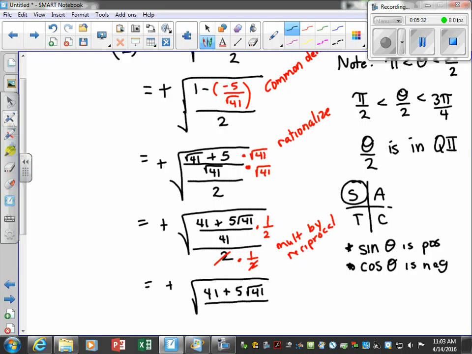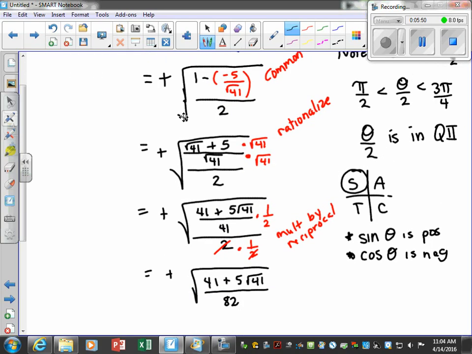And what about our denominator? 41 times 2, which is 82. This is not a perfect square. Nothing simplifies here. 82 is not a perfect square. We already decided that we're going to use our positive because this is the sine of theta over 2. So this is our solution.